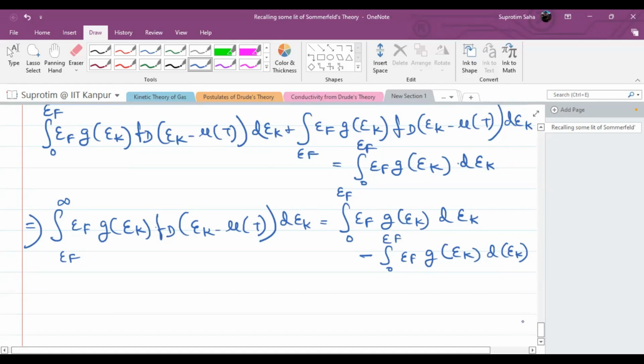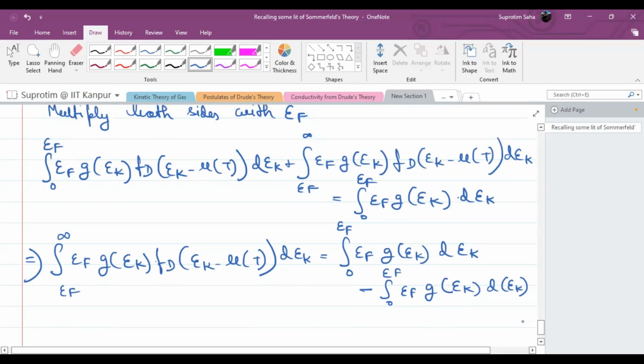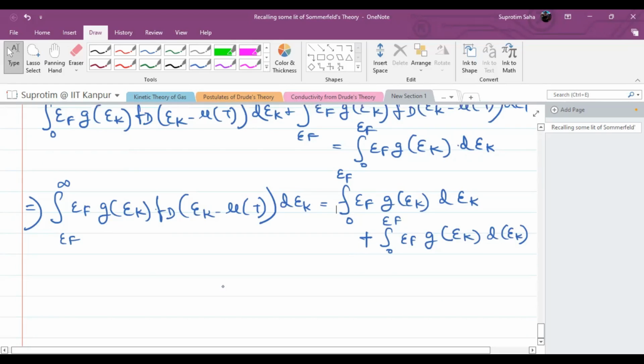Fantastic. So now, all right, I made a mistake. This should be plus and this should be minus. So let me just erase this part and write freshly.